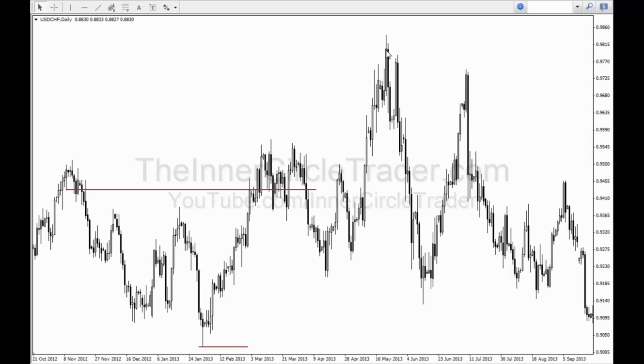Price rallied out of that. Now it's several hundred pips because it is a daily chart, but look what happened. It was unable to stay above this range high, so it pulled back inside of the range to run below this old low. But more importantly, it's this range low here and the new high that it formed.